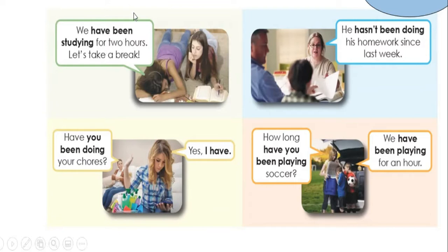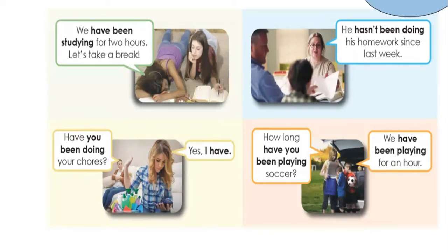Remember that we have 3 different types of sentences. We have affirmative sentences, negative sentences, and questions, okay? And we have to learn how to write the tenses in those 3 types of sentences.